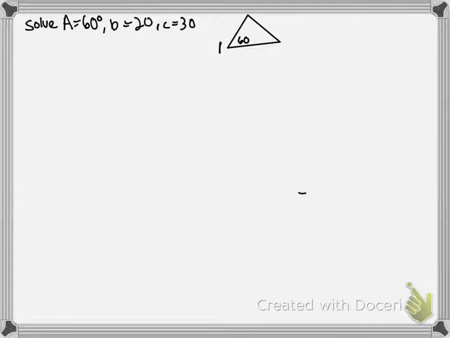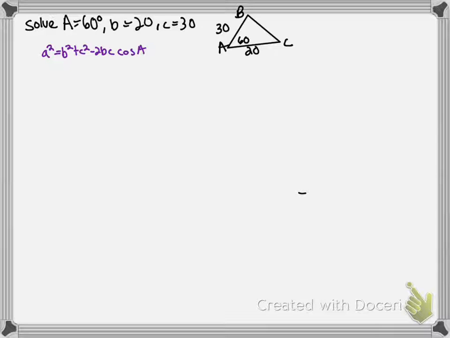So this is going to be angle A. We'll do B over here being 20 and C being 30. Okay, so the angle we have is A. So once again, I have to use that same formula where we're solving for side A. A squared equals B squared plus C squared minus 2BC cosine A.